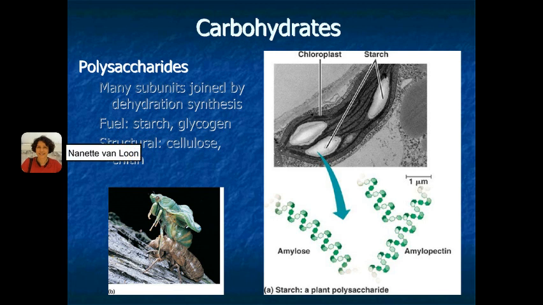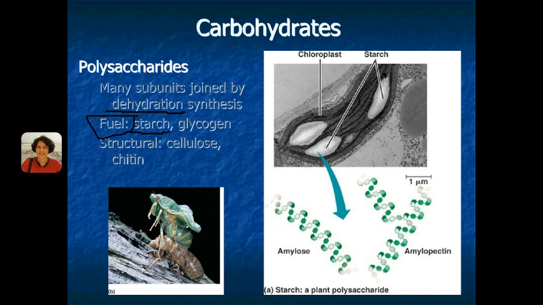A polysaccharide is then many monosaccharide subunits that are joined with these glycosidic bonds through dehydration synthesis, or condensation reactions. And we have different types of polysaccharides. Some are used as fuel molecules. In the case of plants, starch is a fuel polysaccharide.